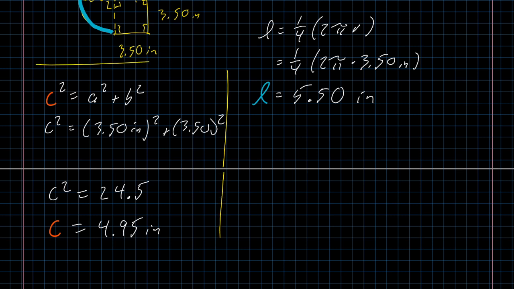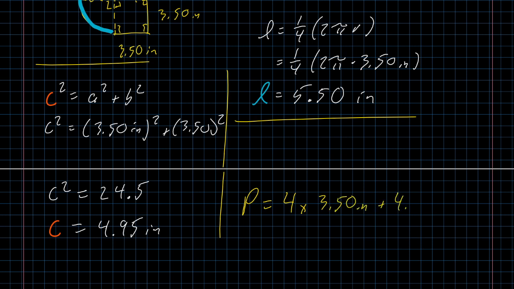With those measurements taken care of, the total distance around, I'm going to call it P for perimeter, even though perimeter is not the right thing. Well, I've got 4 of the 3.50 inch sides.